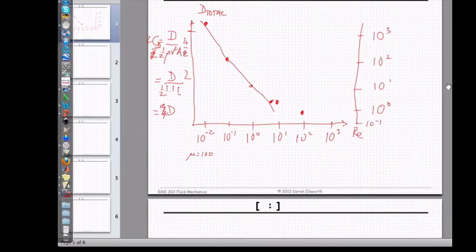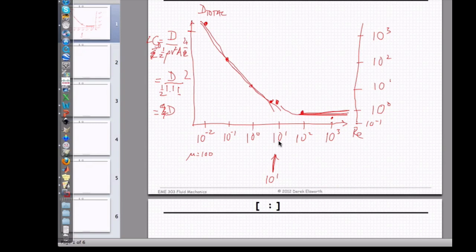This is now the total drag that's occurring, and you see two regimes, right? You see this linear regime, which occurs up to a Reynolds number of about 10 to 0 or 10 to 1 in this particular case. And then you have a number which is not quite horizontal, but a much lower slope. And so that's just the mechanism of doing this.